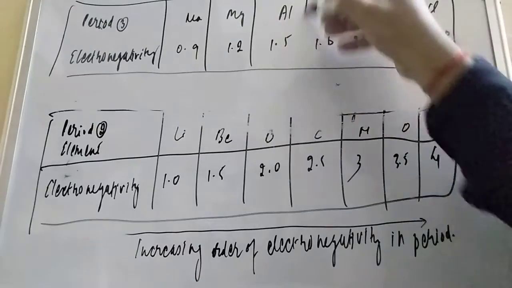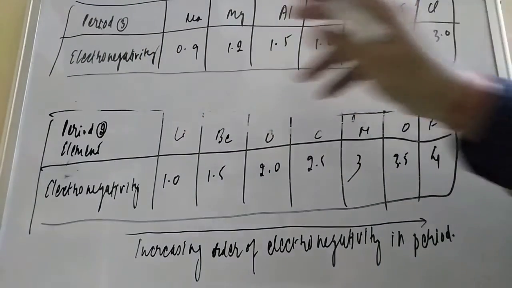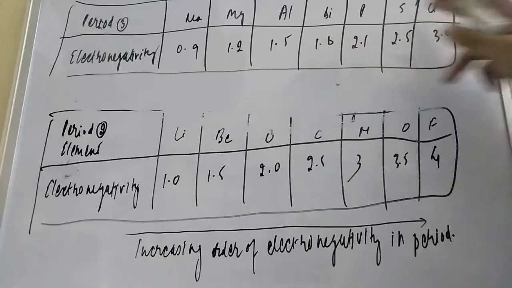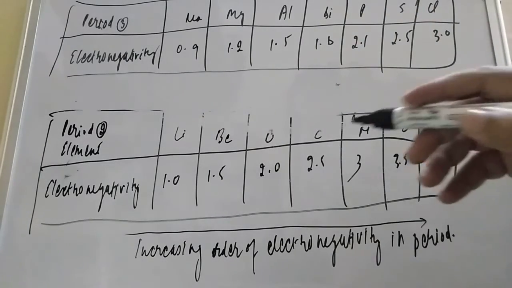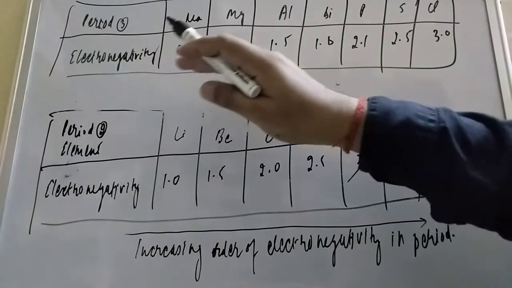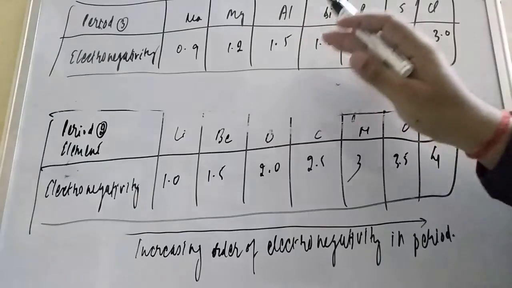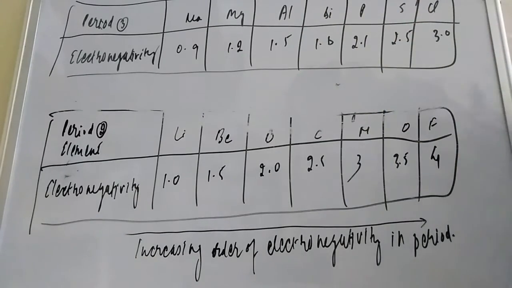Dear friend, you see period number 3. What is happening in period number 3? You check with the data. You are finding sodium, magnesium, aluminum, silicon, and the values of electronegativity are 0.9, 1.2, 1.5, 1.8, 2.1, 2.3. So this keeps on increasing.